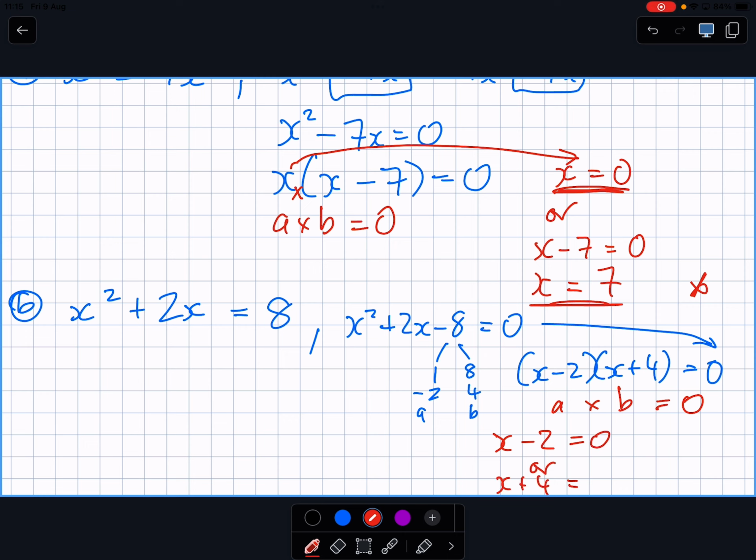If x take 2 equals 0, how do I get rid of taking 2? What's the opposite of taking 2 from something? Adding 2. So the top one is x equals 2. That's one option. Or the bottom one, what's the opposite of adding 4 to something? Taking 4. So the bottom option is x is equal to negative 4.